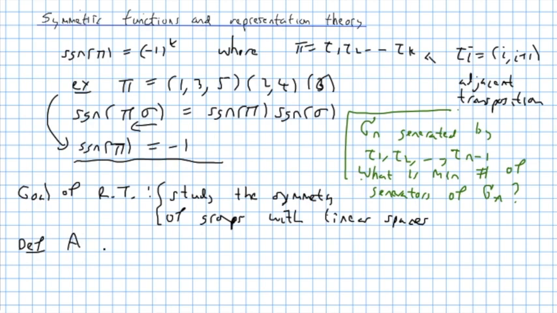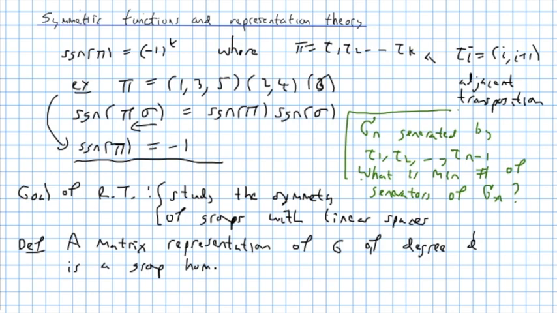So a matrix representation of G of degree D is a group homomorphism. So that's a big word, but we'll digest it in a second.